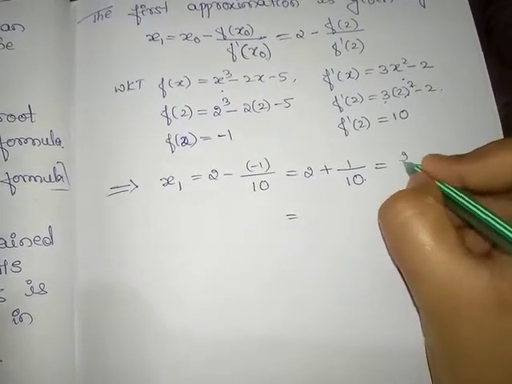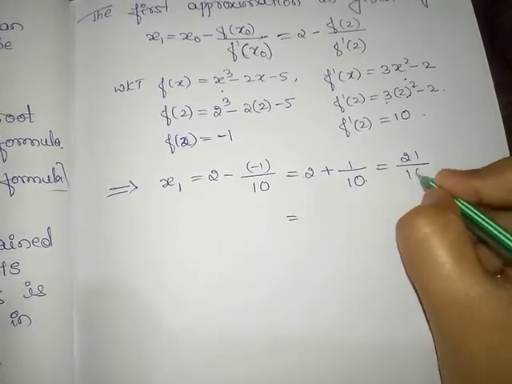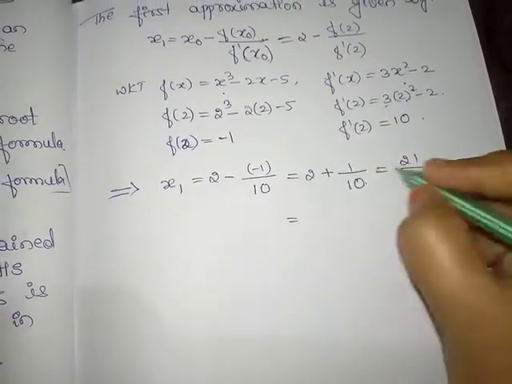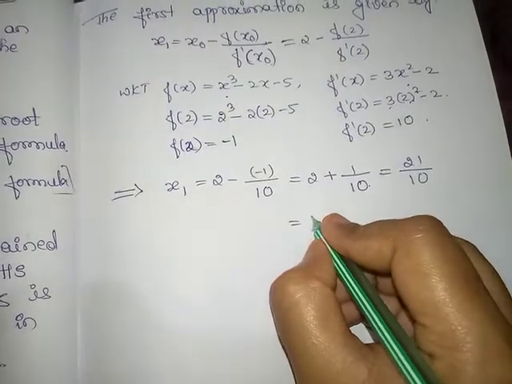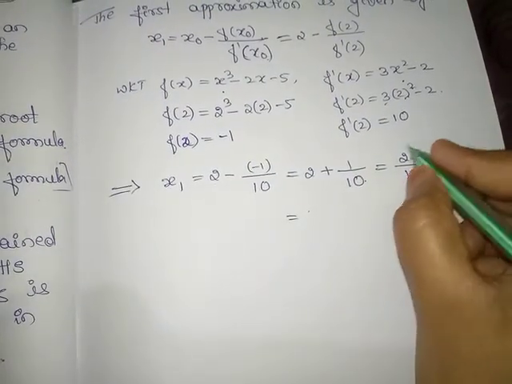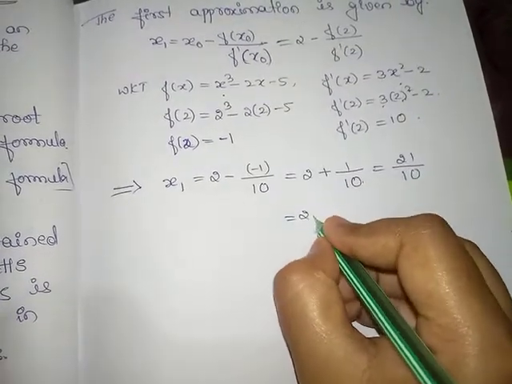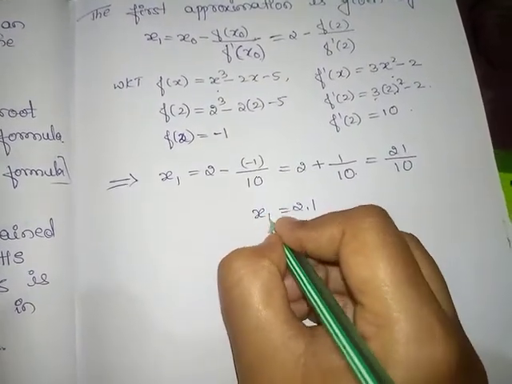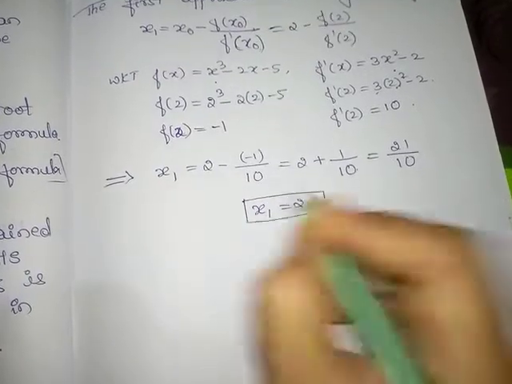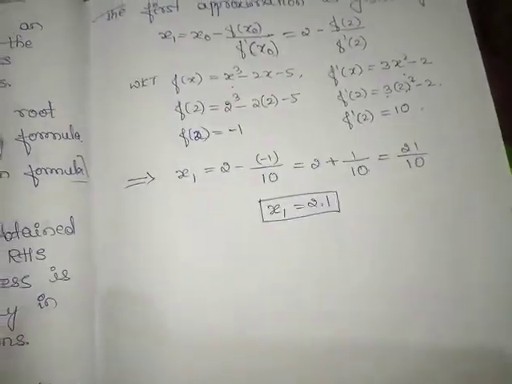Take the LCM: 20 plus 1, 21 divided by 10. Therefore it is 2.1. x1 is equal to how much? 2.1. Okay, next.